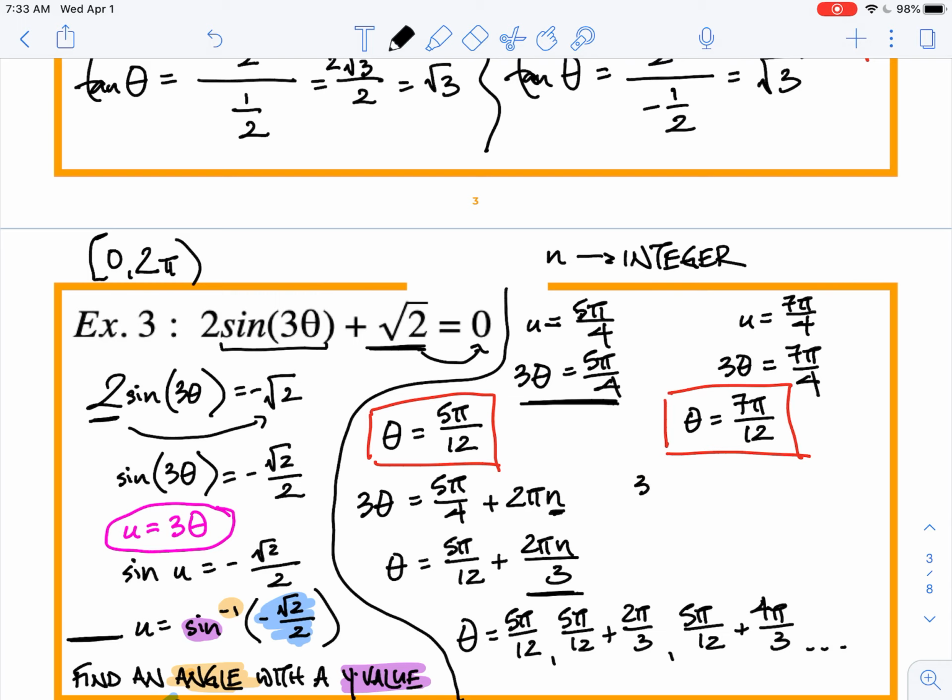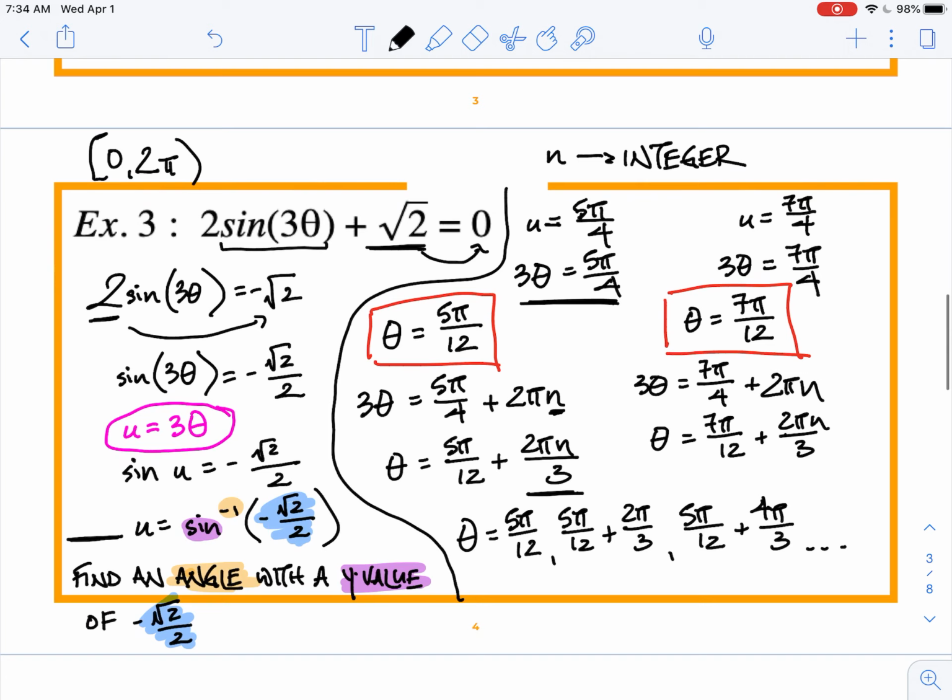If I go back to the second answer and I do the same thing, 3 theta equals 7 pi over 4 plus 2 pi n. And then I divide by the 3, I'll get 7 pi over 12 plus 2 pi over 3 n. And again, this one will tell me how many times to count around the unit circle.